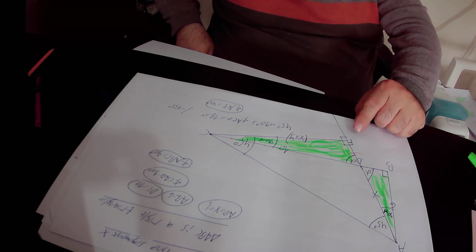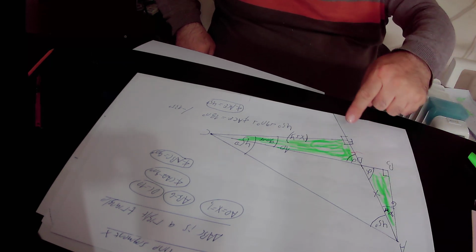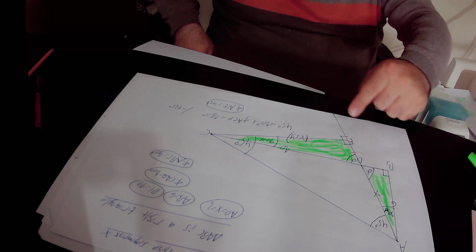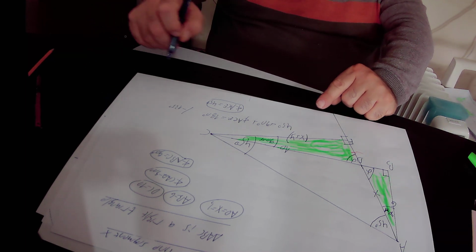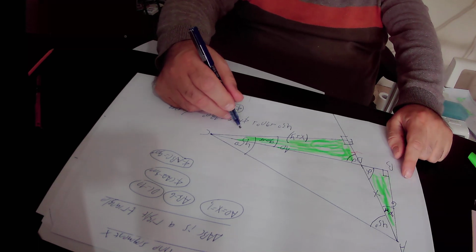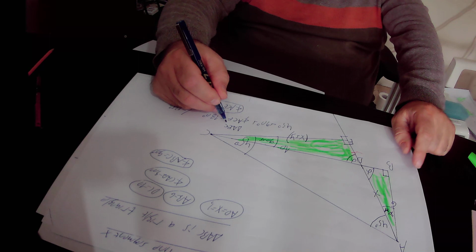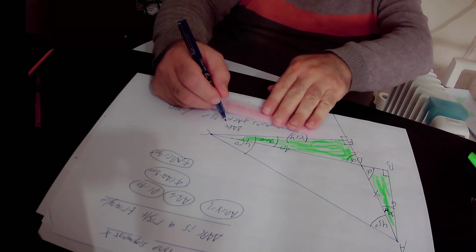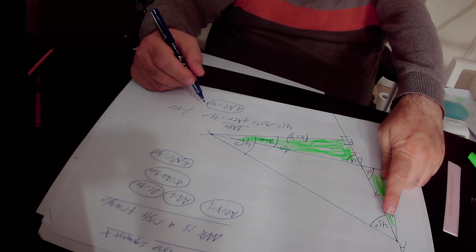Here in triangle AEC, the right triangle AEC, we know that the sum of the angles must be equal to 180 degrees. So which angles do we have here? We have 45 degrees.